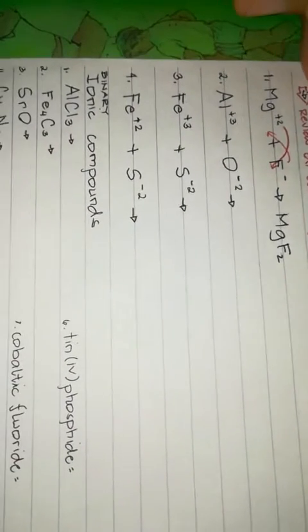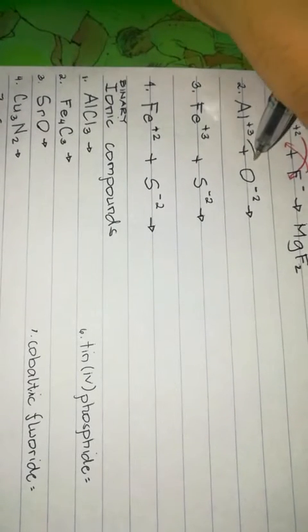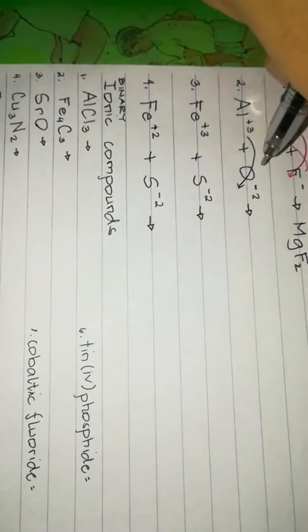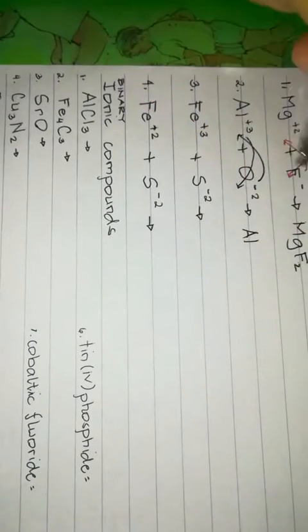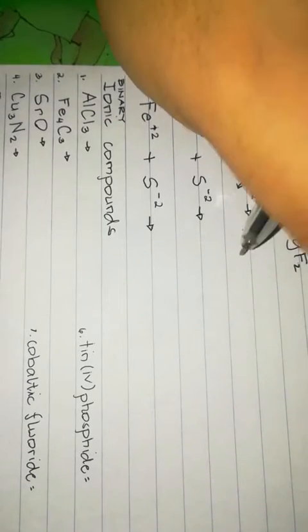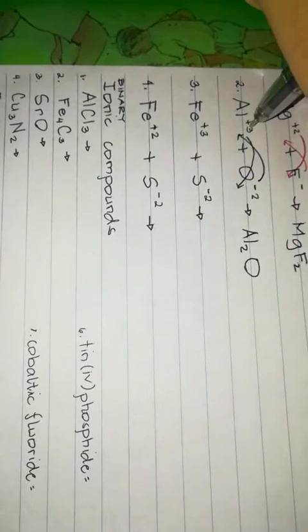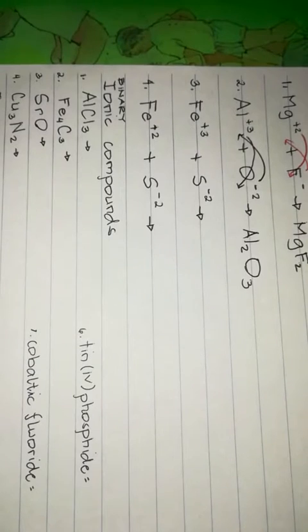Next, another example, we have aluminum and oxygen. Aluminum is positive 3, so yung 3 mapupunta kay oxygen, at yung 2 ay mapupunta kay aluminum. So it will become Al2, oxygen, yung 3 ni aluminum mapupunta kay oxygen. So that is aluminum oxide.